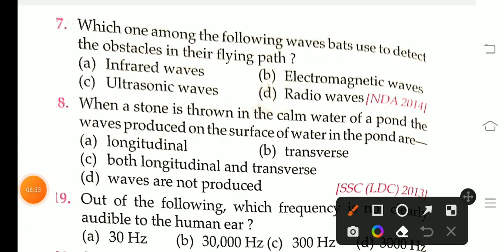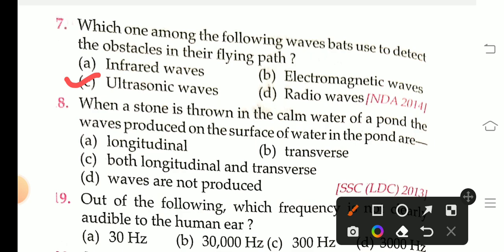Next, which one among the following waves do bats use to detect the obstacles in their flying path? Right answer will be option C. Ultrasonic waves.